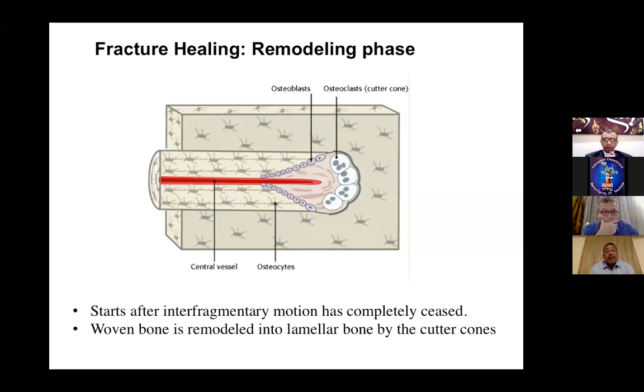The cutter cone is a cutter head formed of osteoclasts that makes the tunnel through the woven bone to lay down the lamellar bone, followed by the osteoblasts that lay down the lamellar bone. This is what's called the remodeling phase, only after cessation of the interfragmentary motion.